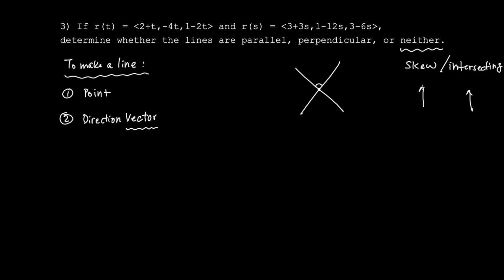And skew lines are lines that do not intersect at all and are not parallel. So in 3D space, we can have lines that are pointing in different directions, and they'll never touch each other, and that's why we call them skew. So skew lines never intersect and are not parallel.